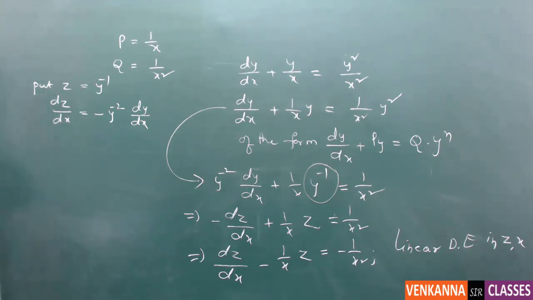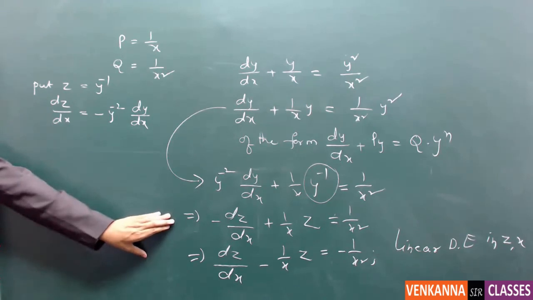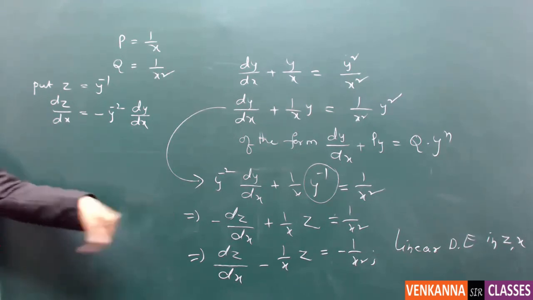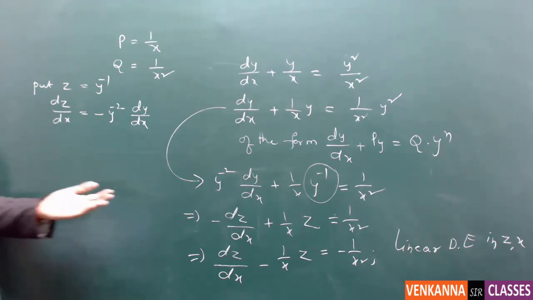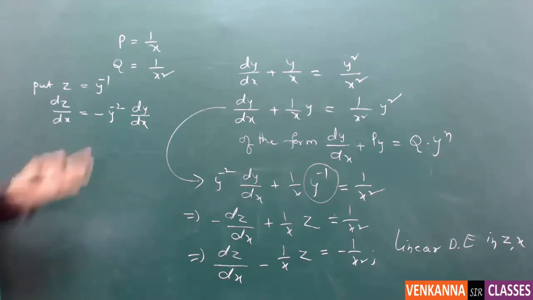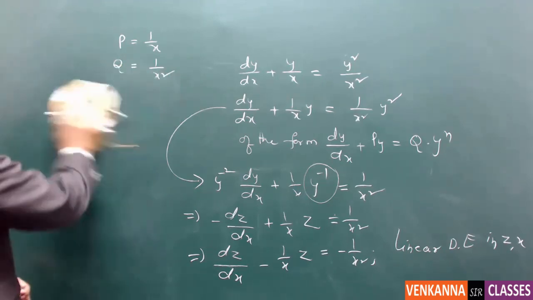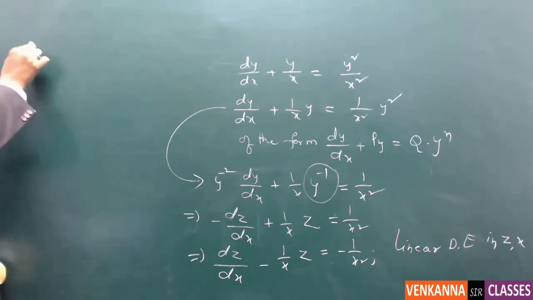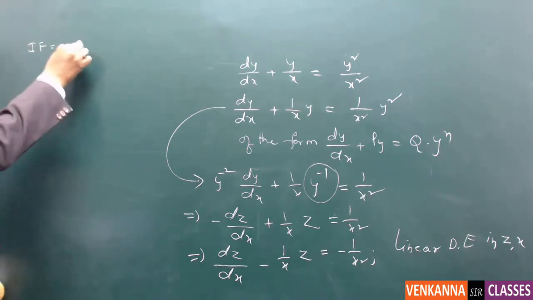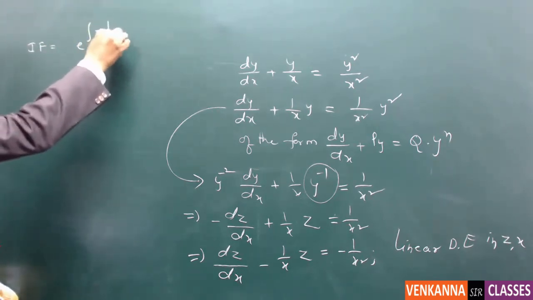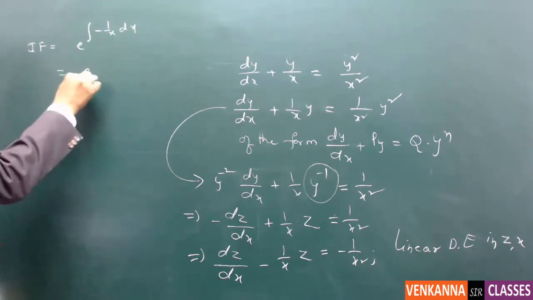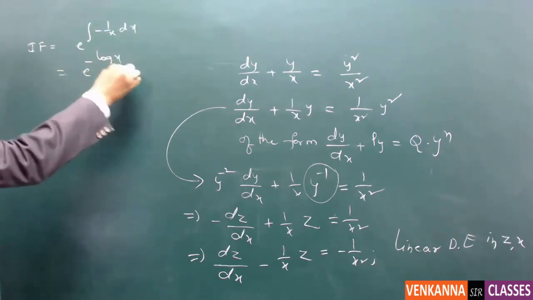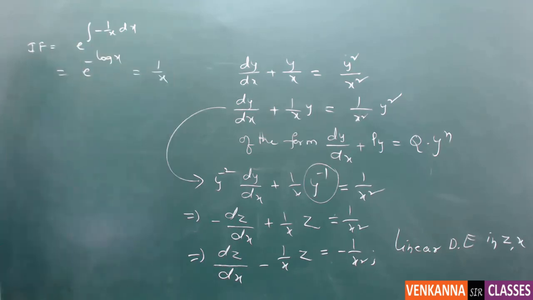Okay. So from here onwards, we follow the previous procedure, finding the integrating factor and evaluating the solution. Everything is common. So the integrating factor is e power integral of minus 1 by x dx, so e power minus log x, nothing but 1 by x.